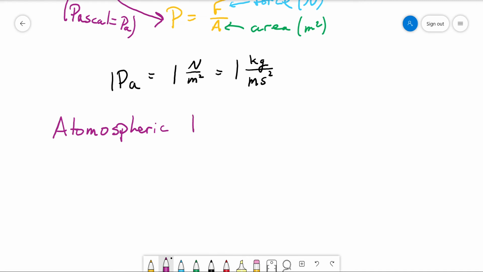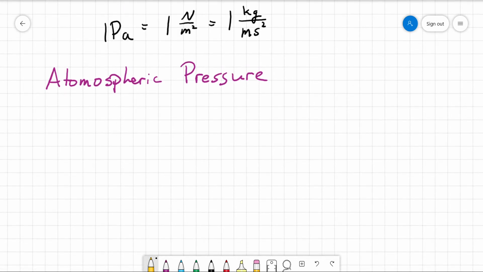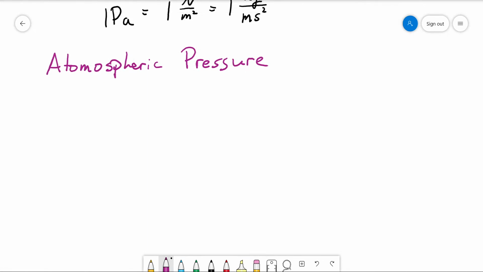So we're all under atmospheric pressure right now, hopefully, unless you're in space. And atmospheric pressure just comes from a column of air stacked up above you. You don't notice it because it's always there. And we give this the abbreviation P sub ATM.